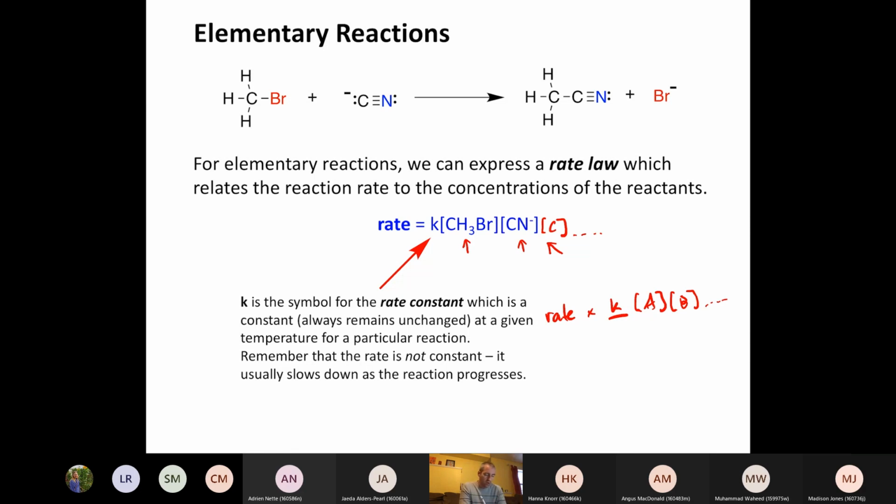So if you look at your reactants, CH3Br and CN minus, just put those concentrations in, multiply them by k, and you get the rate at that instant in time. And it actually makes sense why these reactions often have reaction profiles that look like this.